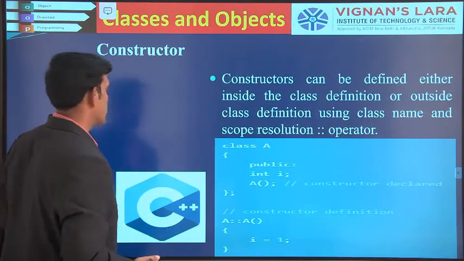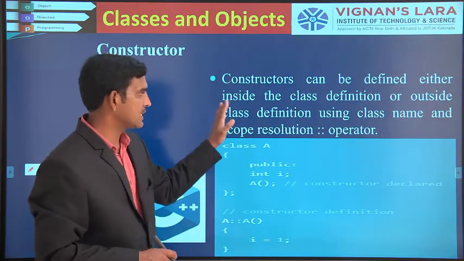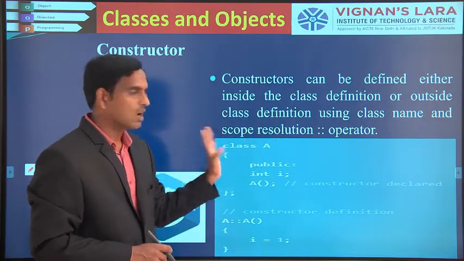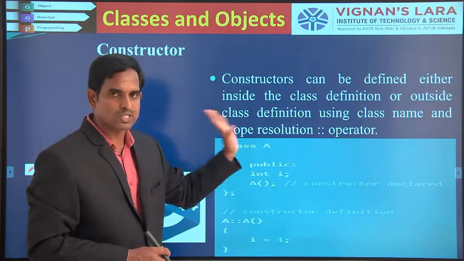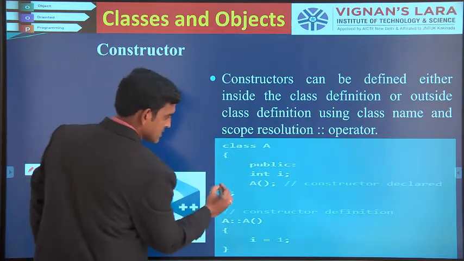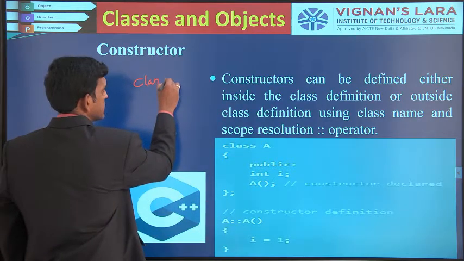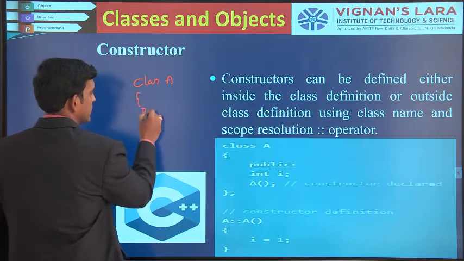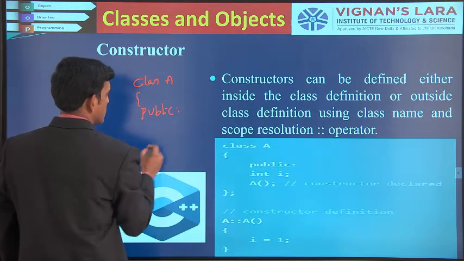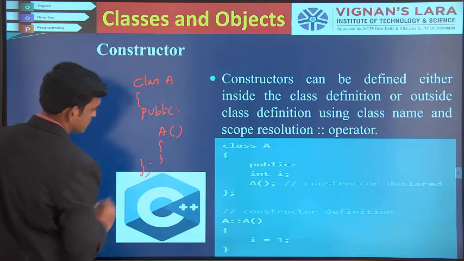Some more things regarding your constructor. A constructor can be defined either inside the class definition or outside the class definition by using the scope resolution operator. You can define it inside the class: as I told you before, you write class A, and you have the public section, and you can define your constructor inside the class itself.